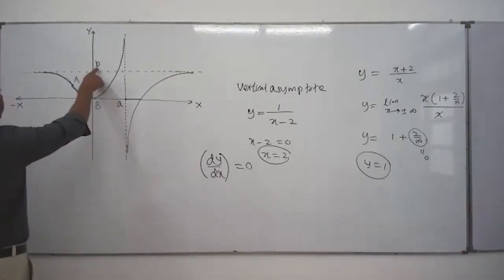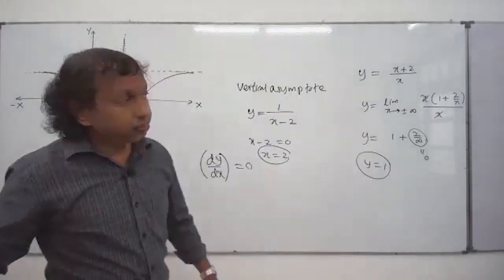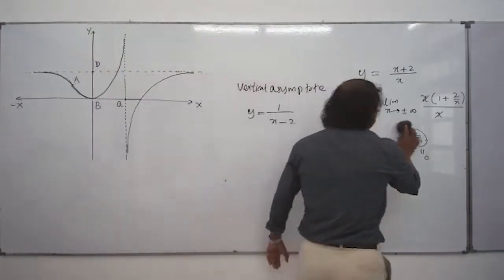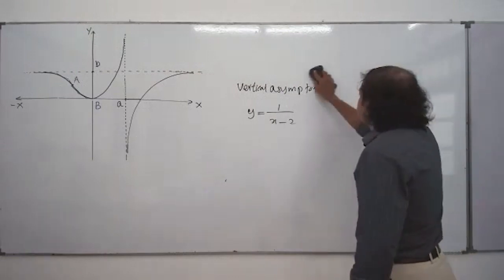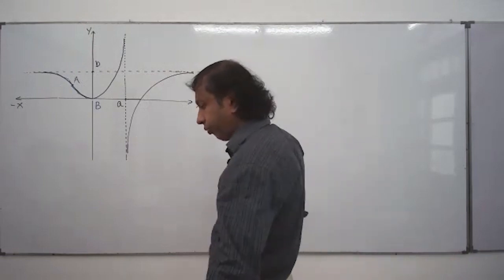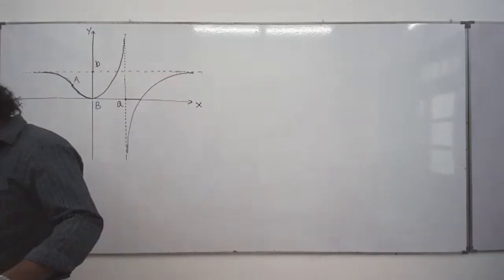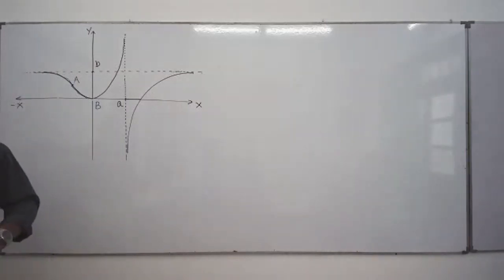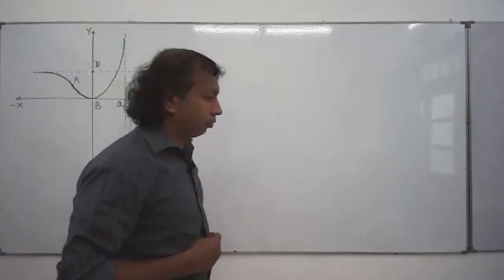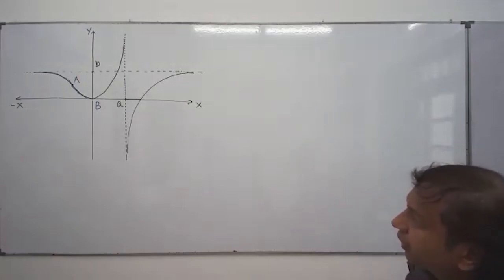This is x equals a, this is y equals b. First draw this diagram. Mark that point A, point of inflection, point B, the minimum point.